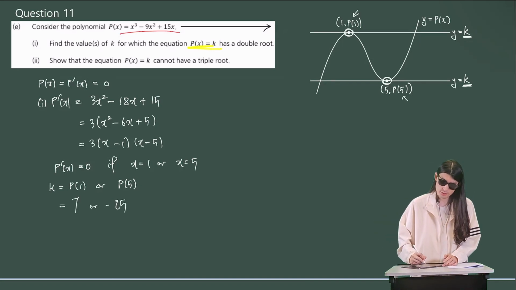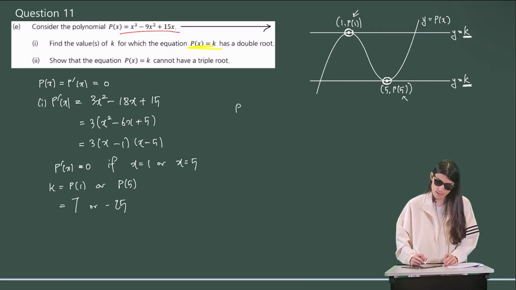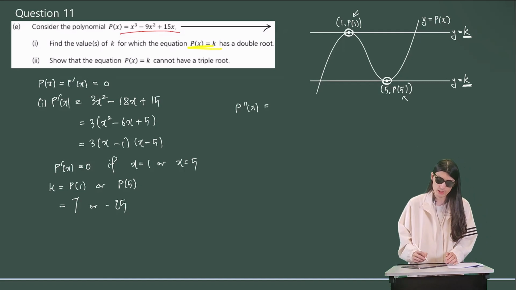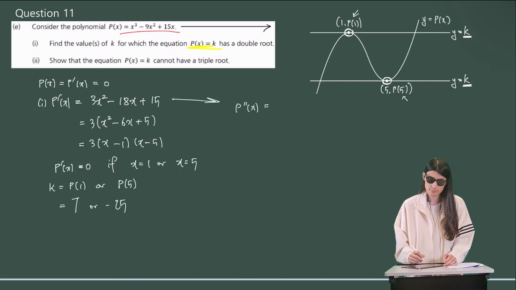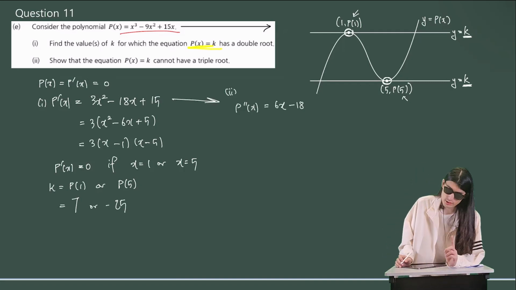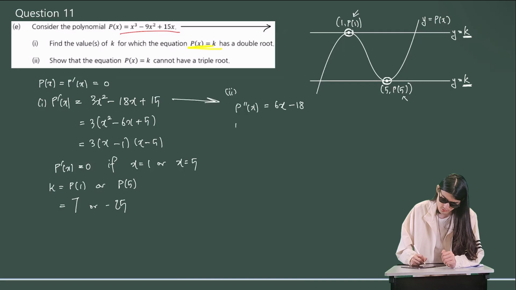So for triple root, at triple root, p double dash x is equal to 0. But what is p double dash x? Differentiate p dash. We get 6x minus 18. At what value of x is p double dash equal to 0?